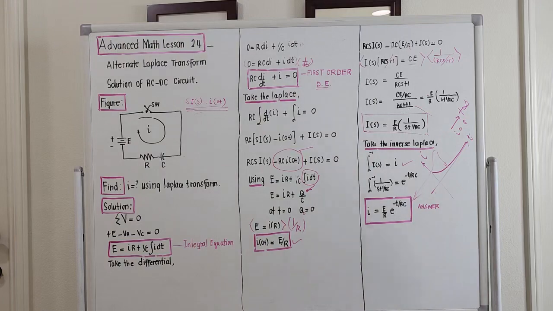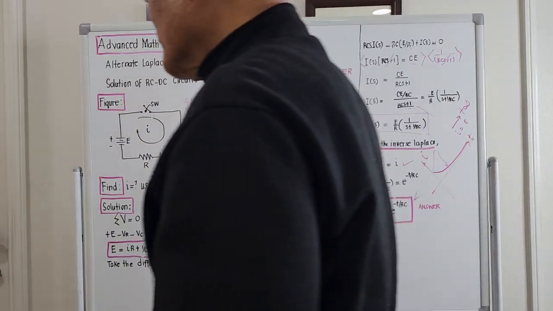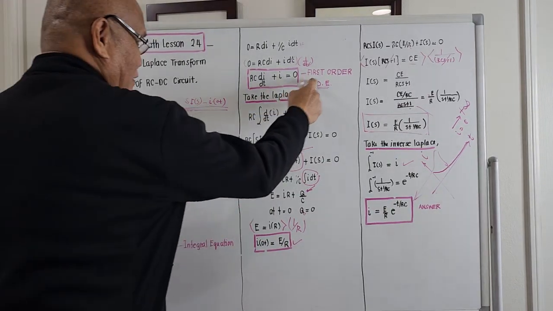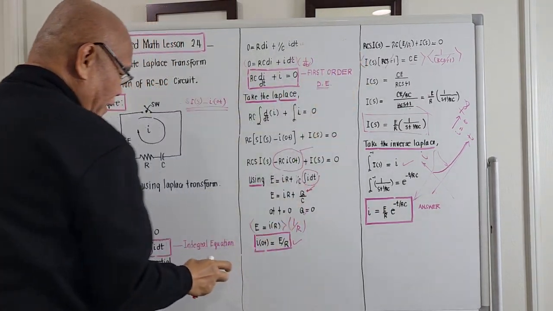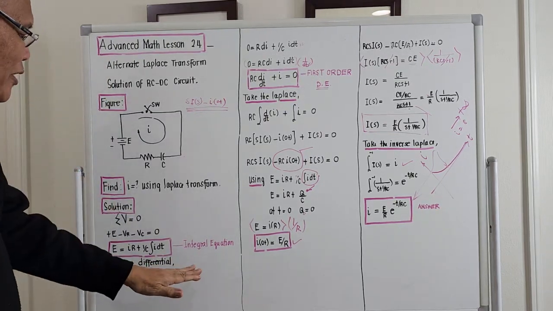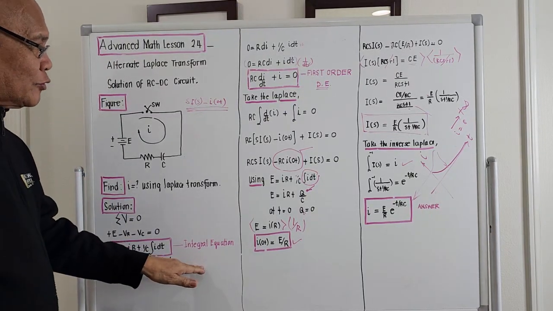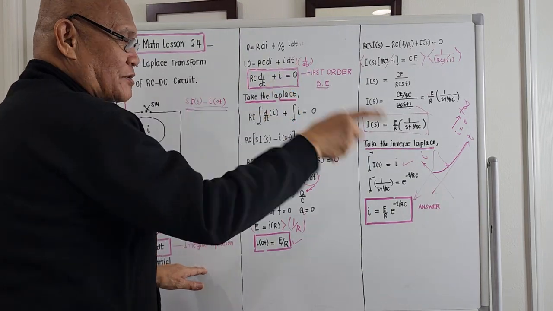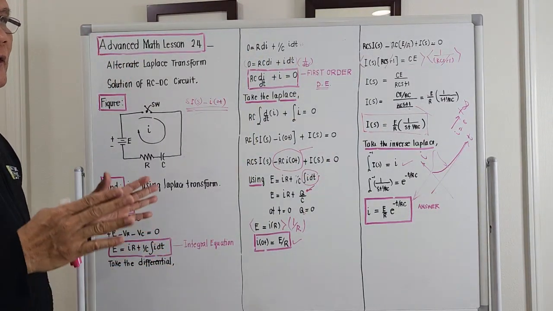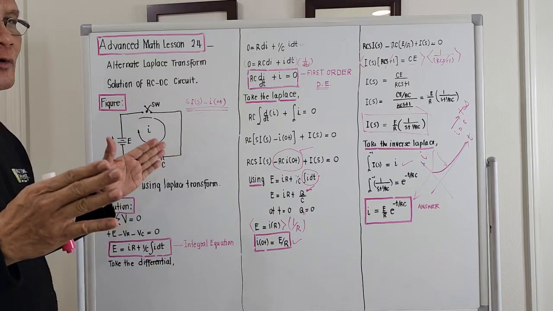Oh, that's it, guys. That's the alternate solution by using a first order differential equation instead of the original integral equation. Because actually we could change the form of this to a differential equation by just taking the differential of both sides. Because integral and differential contradict each other.